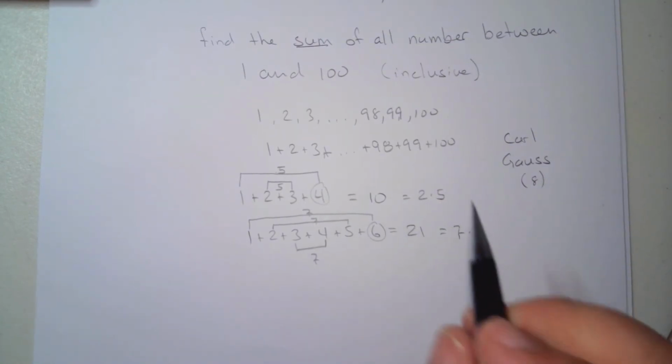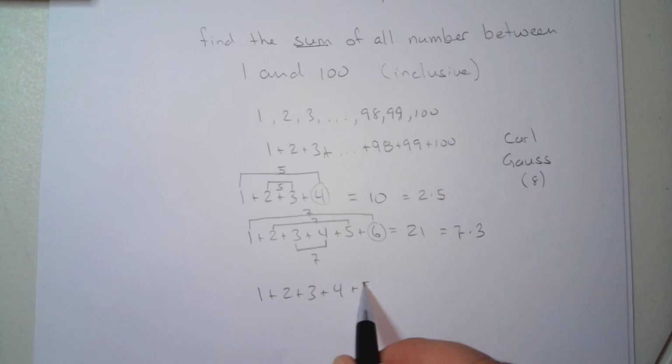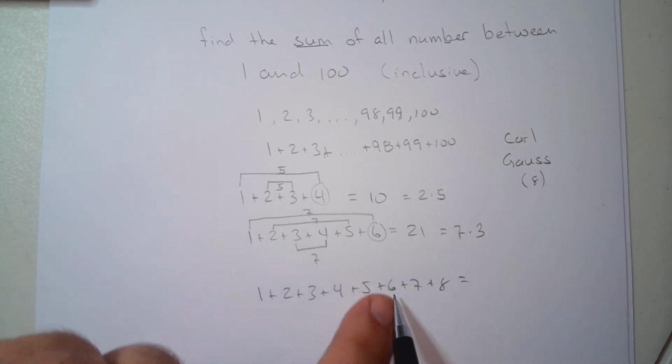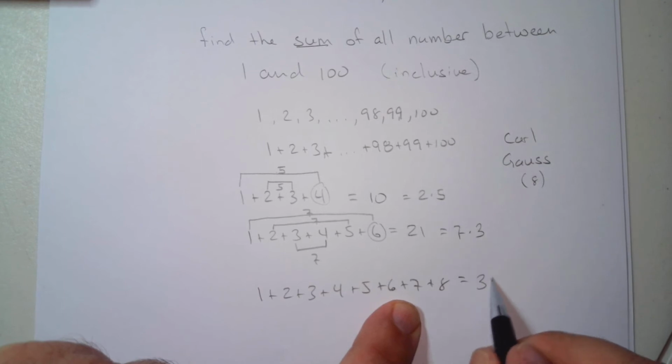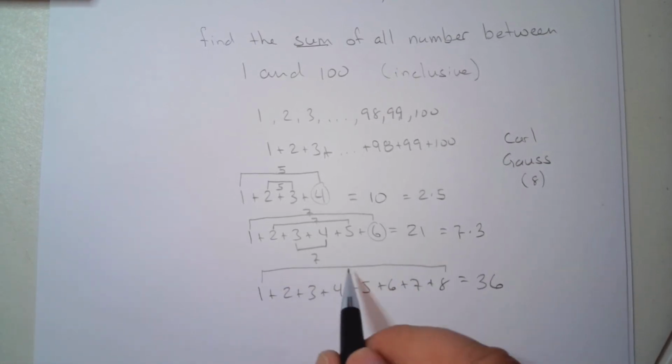So he's figuring out a pattern here. Let's try it one more time: 1 plus 2 plus 3 plus 4 plus 5 plus 6 plus 7 plus 8. We know 1 through 6 is 21, 28, 36.